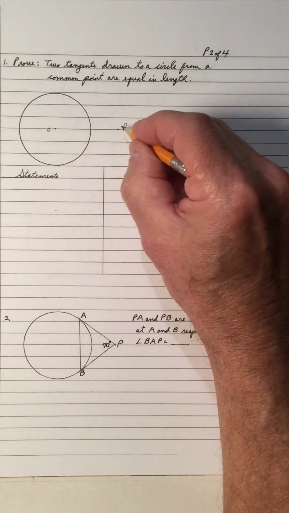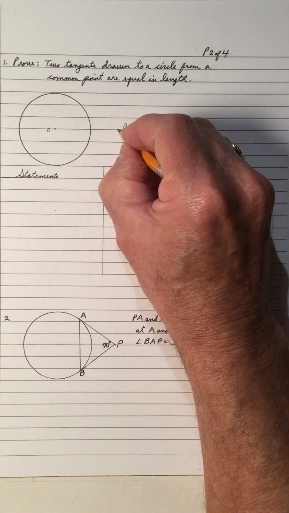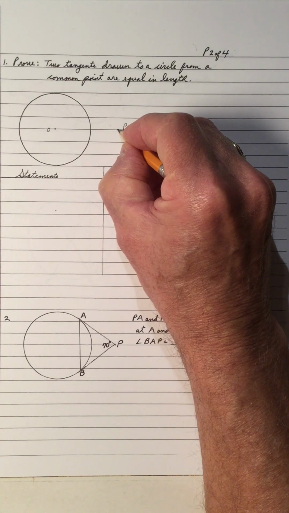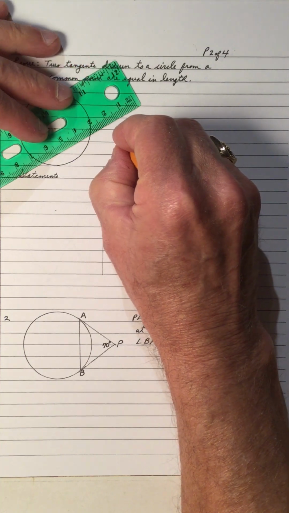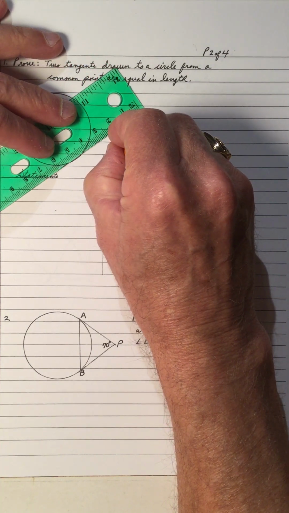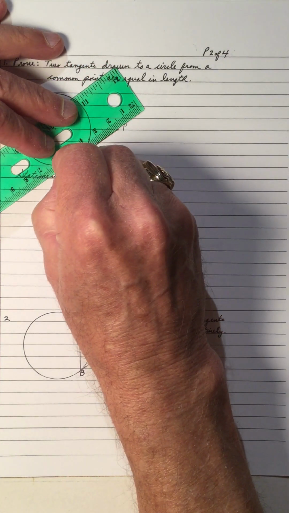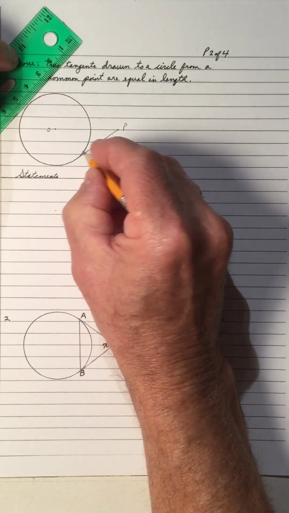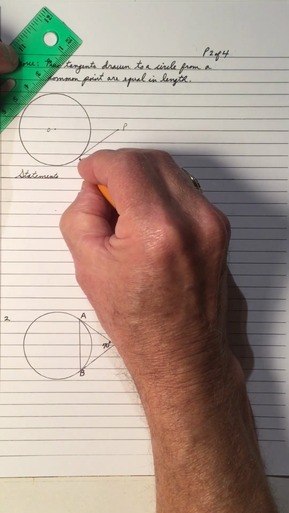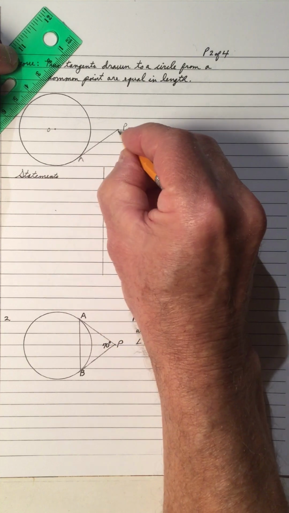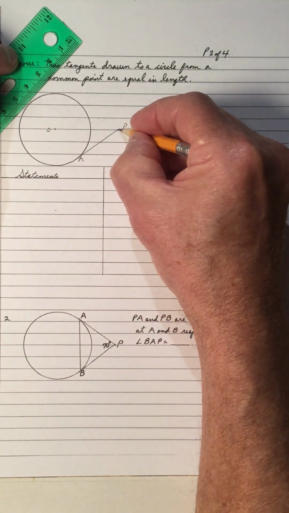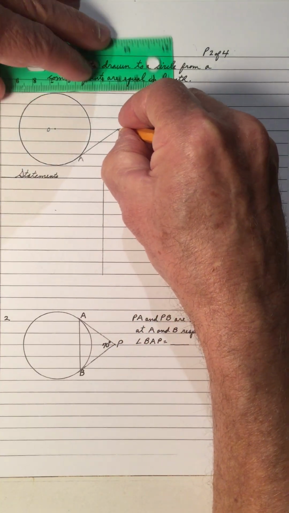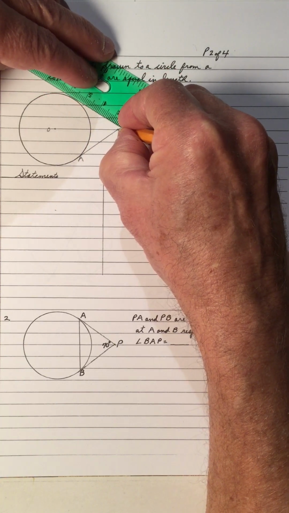So two tangents are drawn to a circle. I'm going to use the ruler. I'm going to draw from P a tangent. A tangent touches at one point, and let's call that A. And we have to draw another tangent, so that would be up here to touch it at one point.